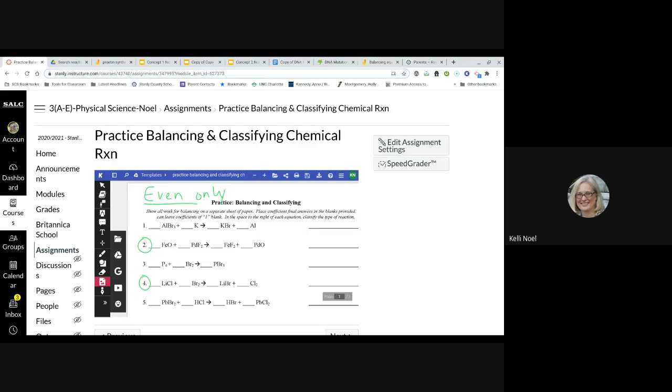Find that picture you take, and you can input it here, and then I can use that to grade your work. If you don't want to type in here, you can work on paper and then type in your answers, but do only the even. Only the even. So I'm going to go back here. I'm going to stop the recording.